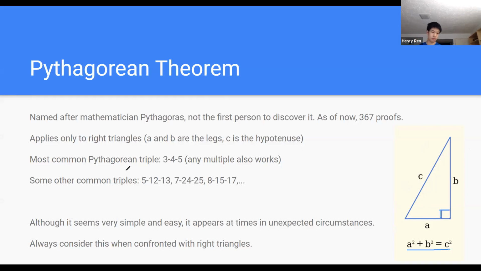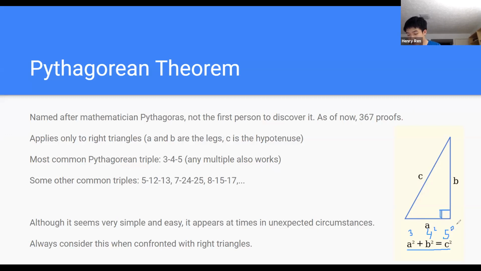All right, most common Pythagorean triple. Pythagorean triples are just numbers that can be the side lengths of a right triangle. In this case, 3, 4, 5: 3 squared plus 4 squared is 9 plus 16, which is 25, equal to 5 squared.